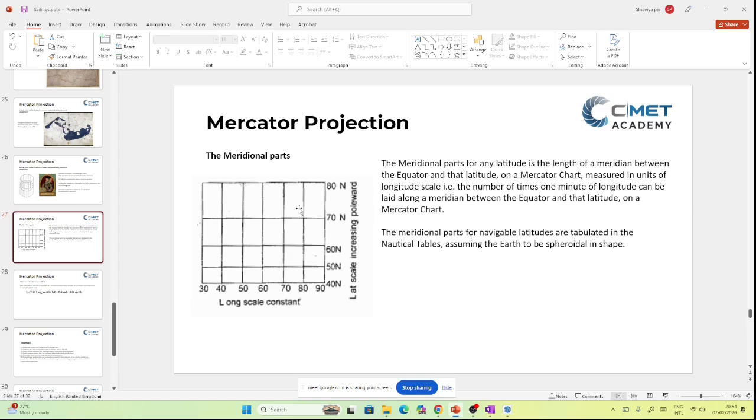The next distortion is, you can see as you go towards northern latitudes, the distance between each latitude is increasing. So that is the second distortion. Can you see that, guys? Are we clear?